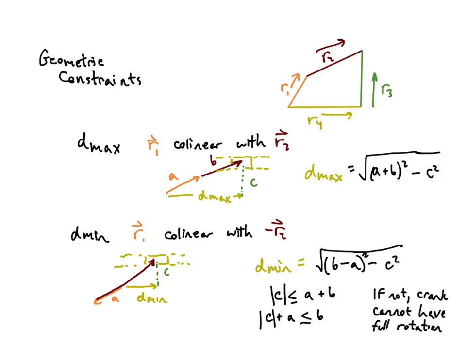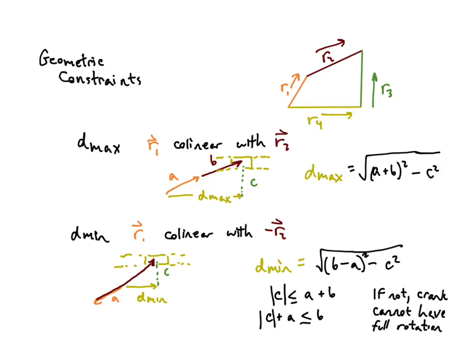There would be no motion. Similarly, if that first criterion is met, but the second one is not, then the magnitude of C plus A, because if C goes below the horizontal, that's fine, has to be less than or equal to B. If not, the crank cannot have a full rotation.